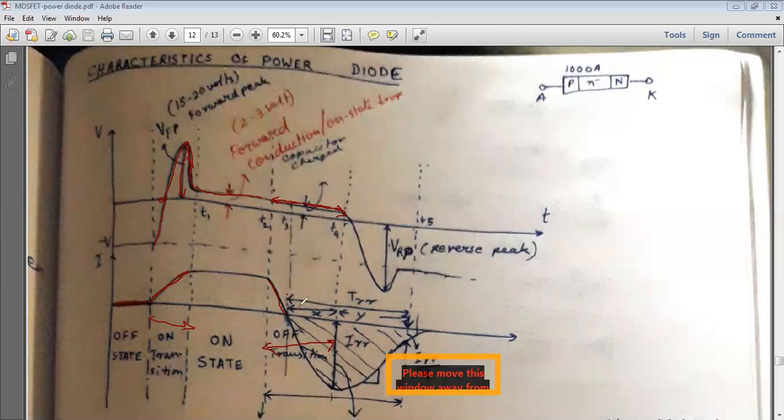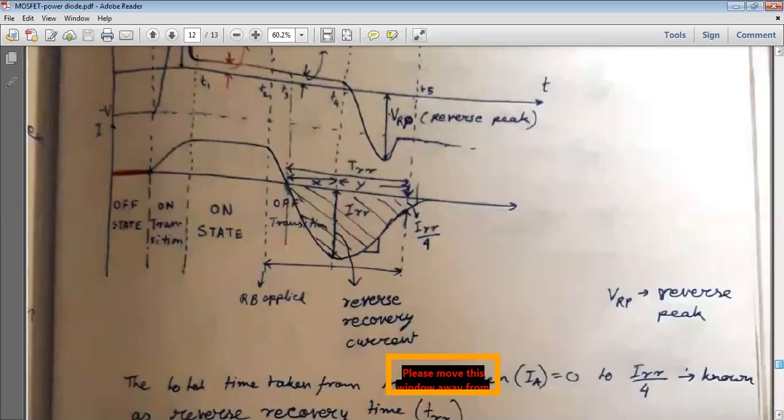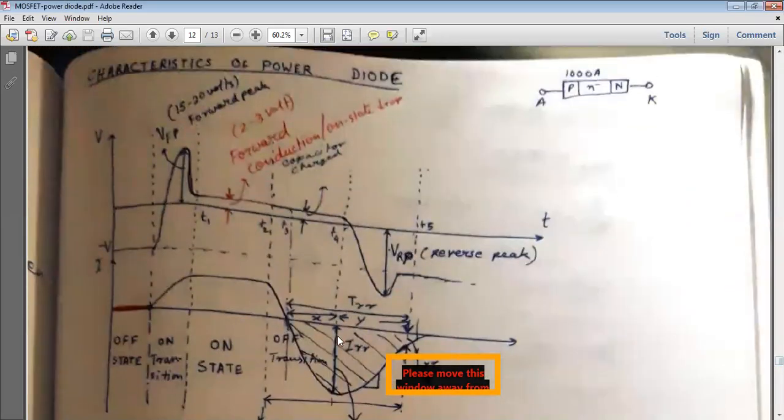So it will lead the current to a negative value. The current will be negative from this state and comes to a maximum negative, which is known as the reverse peak of current.